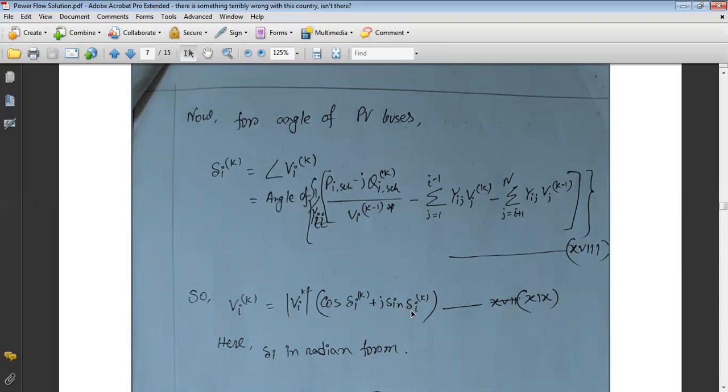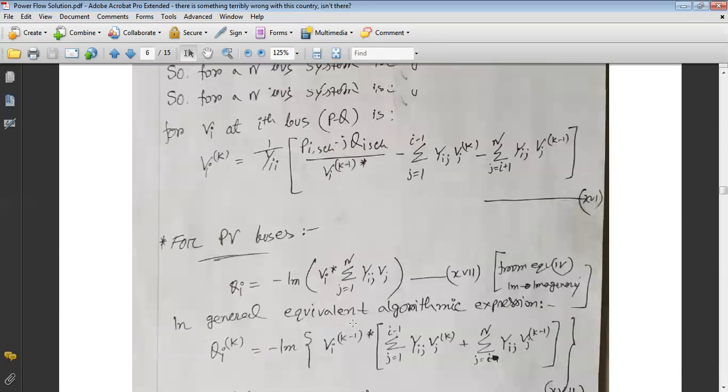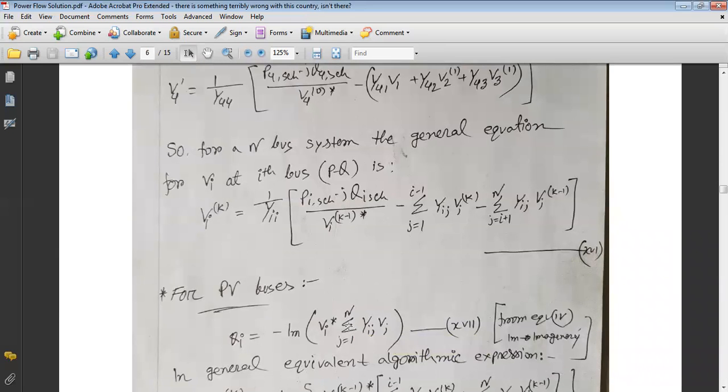So cos delta plus j sin delta. If we multiply this with the voltage magnitude, we can update the voltage value actually. So this is the updating process. So now this is our equation to solve the load flow study by using the Gauss-Seidel method. So these are all the equations to solve this particular problem.